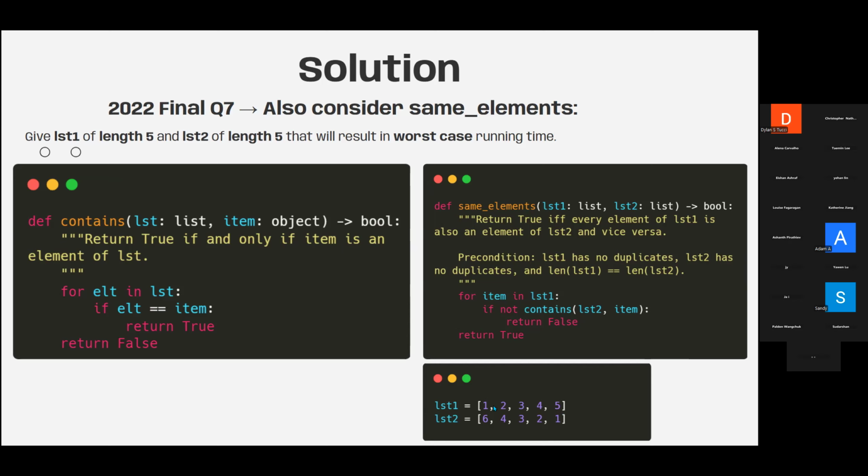And then when you do it for element 2 and you check to see whether 2 is in list 2, again, you're comparing it so many times because it's all the way at the end of the list. And same thing with 3. You're going to check again. It's a lot of comparisons you're doing. 4 and 5. Notice how 5 is not even in the list, so you have to go all over it again. So it's a lot of comparisons you're doing, which is why it's the worst case.